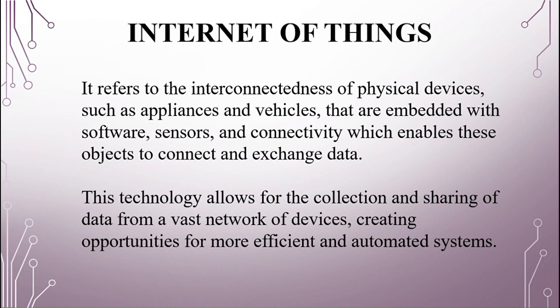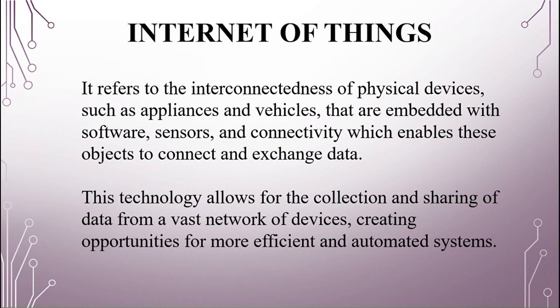So here it is written that it refers to the interconnectedness of physical devices such as appliances and vehicles, and they are embedded with software, sensors, and connectivity. Sensors are used because they have to sense the data from the devices and then transfer the data.